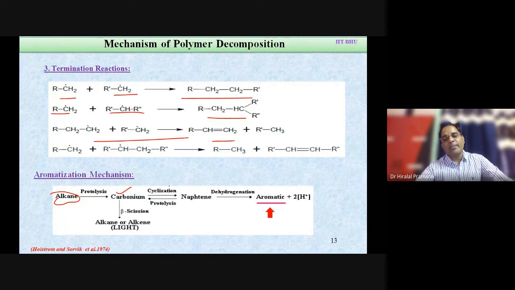This carbonium ion through cyclization will form naphthenes, and dehydrogenation of naphthene will give you an unsaturated aromatic hydrocarbon. Similarly, beta scission will give you an alkane or alkene, but a lighter hydrocarbon. But aromatization is a very good technique which will upgrade the fuel, right? That's why I told you, if you want to produce benzene, toluene, ethyl benzene, and xylene via pyrolysis, aromatization is required.